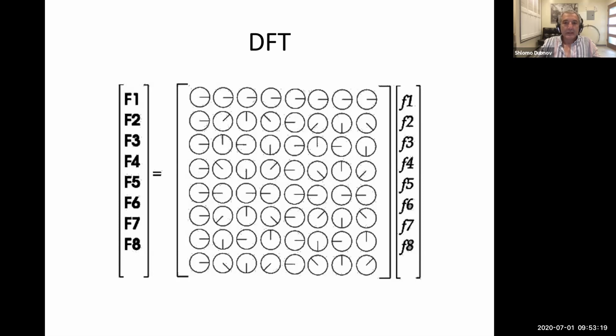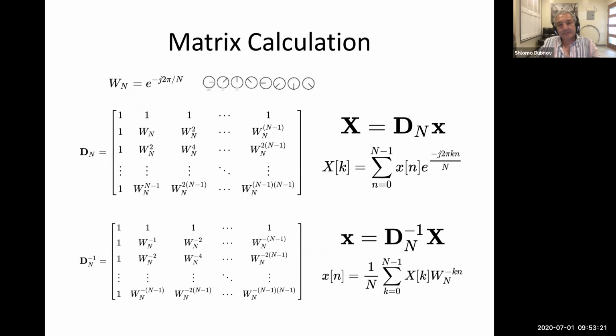And if you want to look at this in a more formal notation, we mentioned the idea that we have this Wn as our basic element, and then we take powers of the Wn. The convention in Fourier transform is that if you go from time to frequency, from real to complex, we actually go down on the circle.